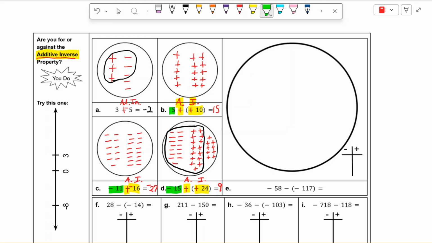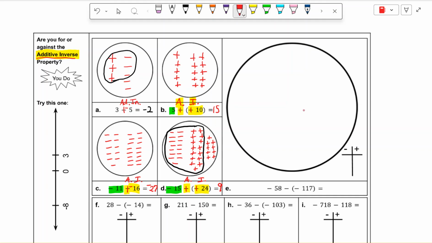Okay. So you can see that the circles really work. They are helpful. They just take a lot of time and they get a little bit crazy. So in this big one, I did a bigger circle here for you because I knew you would need more room. This one right here is -58 minus -117. So would you like to start on that? There might be a few of you that want to, but many of you are going to be like, no, thank you.